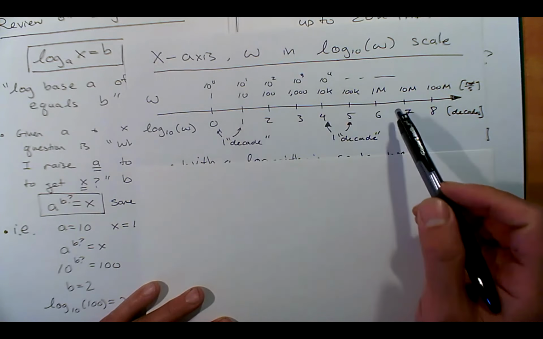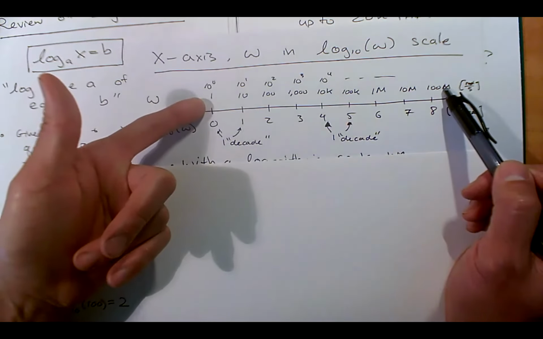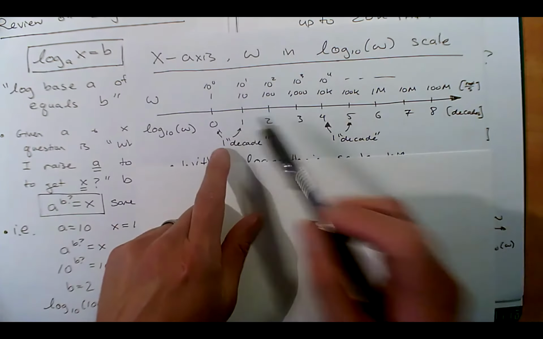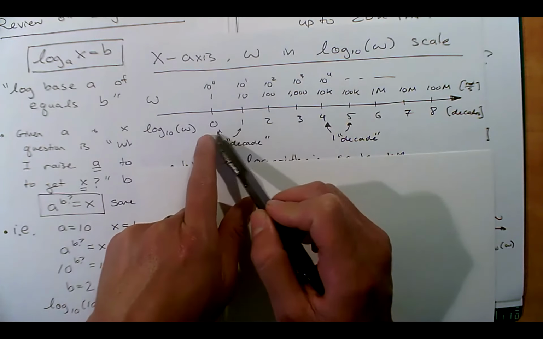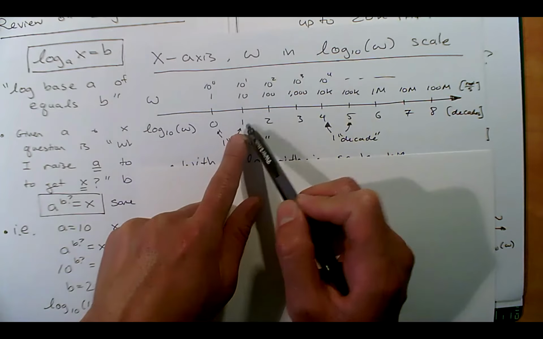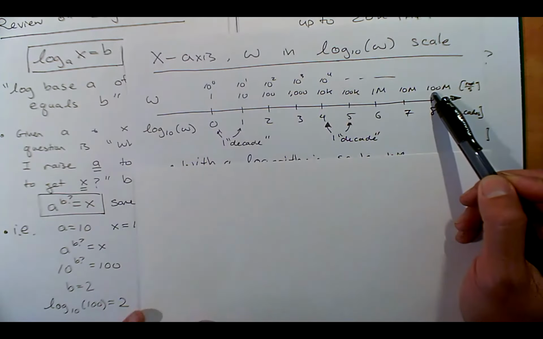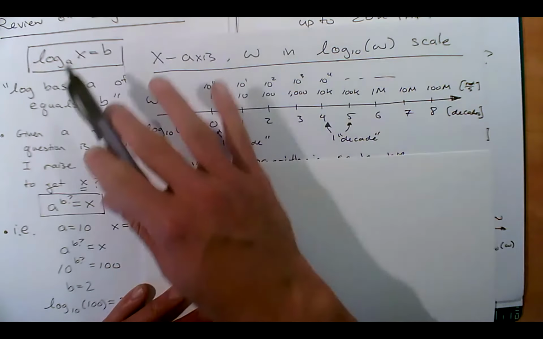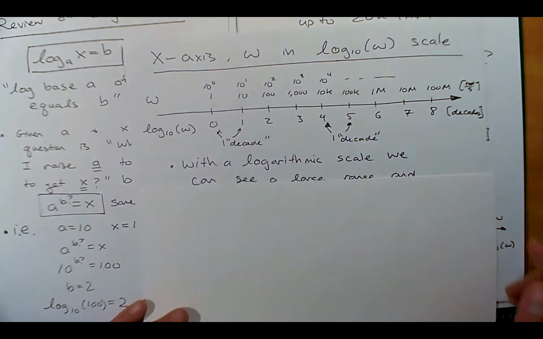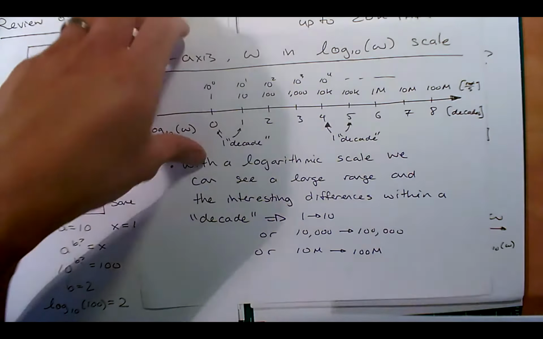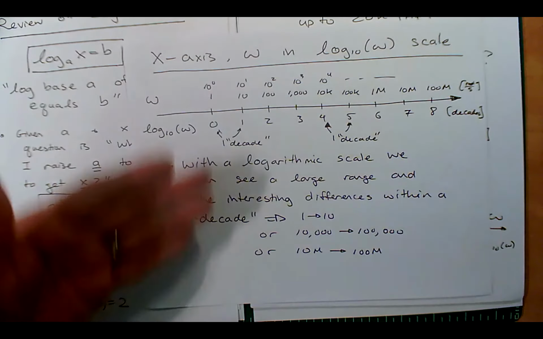I hope you can see we're getting a large range on a very small scale. Over here, I get to see resolution between 0 and 1, but I also get to see resolution between 10 million and 100 million. So that gives the benefit of seeing a large range and also the small details.